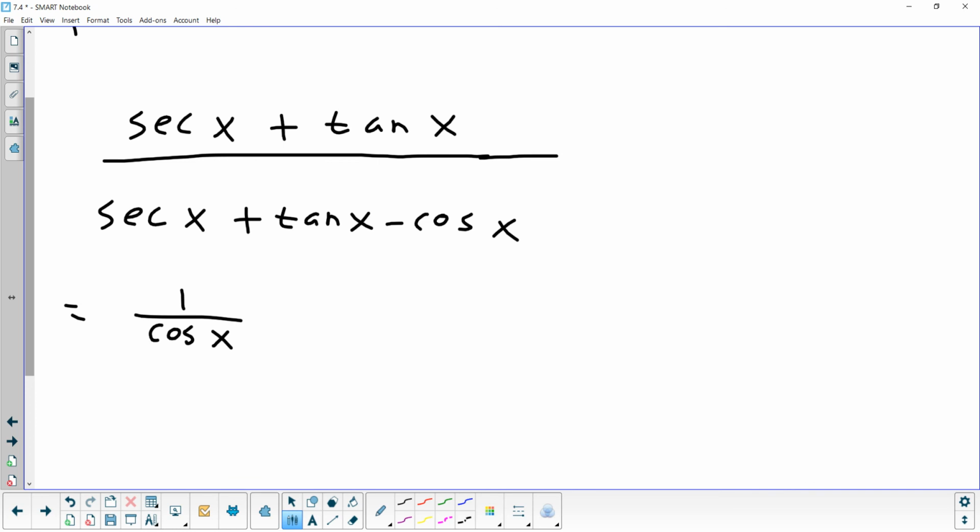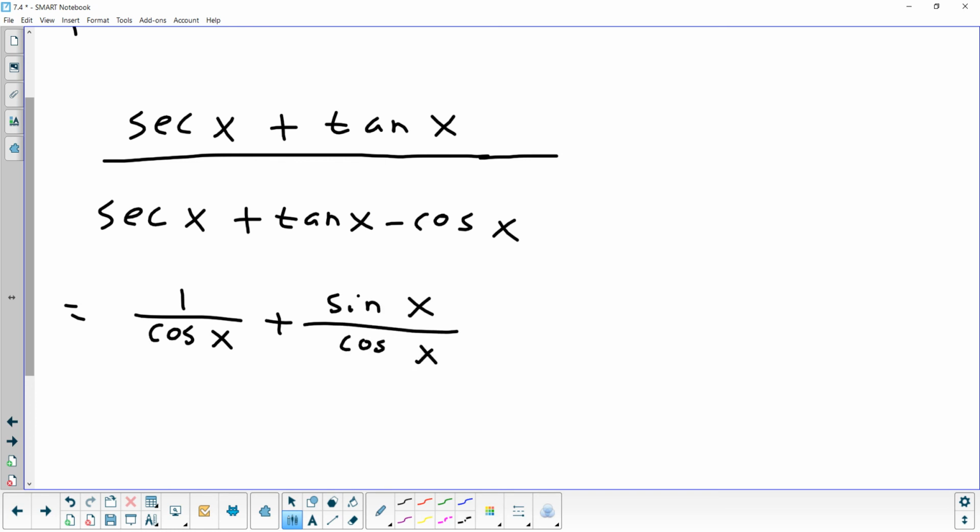Unfortunately, that one mistake could get you stuck for a half hour on this problem, because then nothing would work. You still might get stuck even if you do everything right, but these problems are really kind of picky about little mistakes. So 1 over cosine. What's tangent? Sine over cosine.